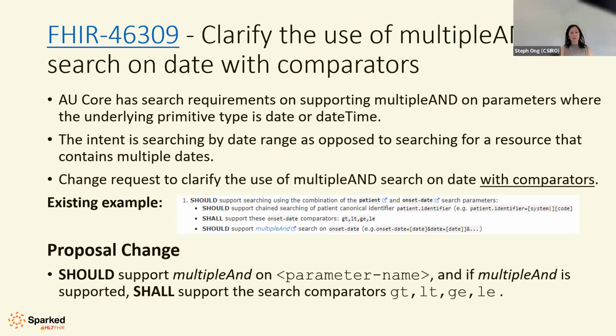Yep, definitely. So bullet point number 2 remains as is. And then bullet point 3 is to add that clarity: if you're supporting multiple and, then you shall support the date comparators, because the intention is to search by date range.